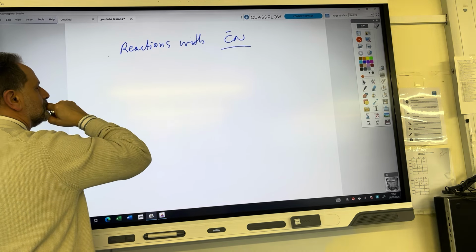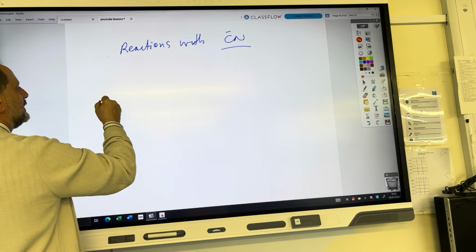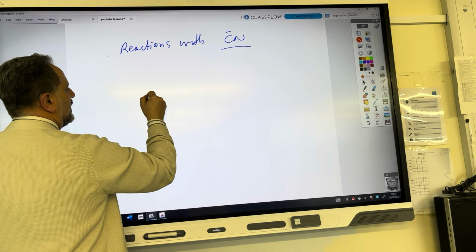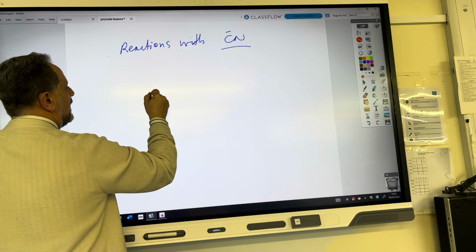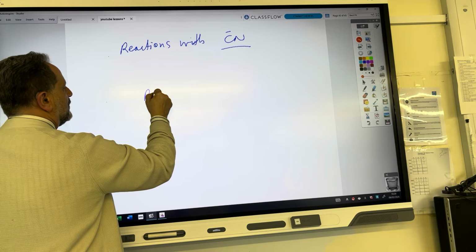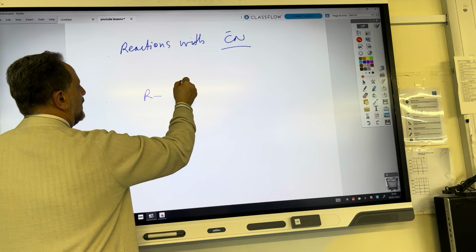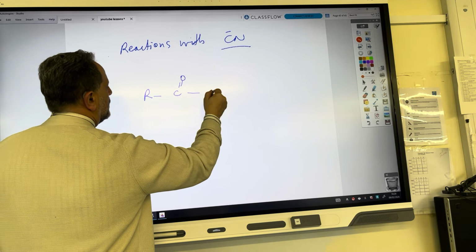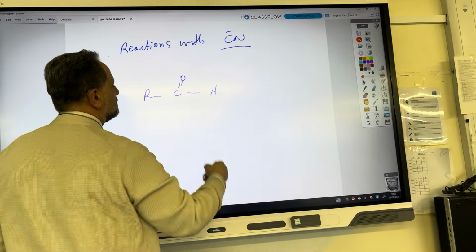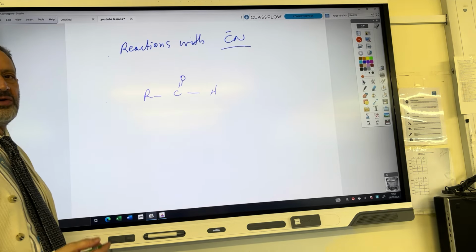Now, let's say again that you have an R group and a hydrogen there. It could be an aldehyde, it could be a ketone.